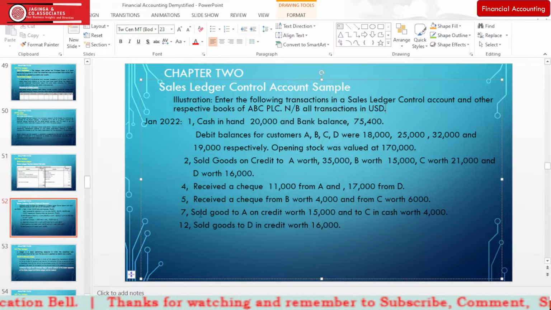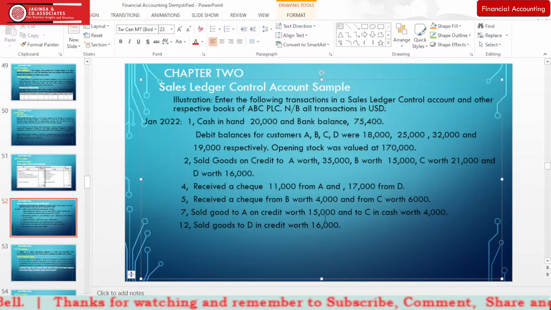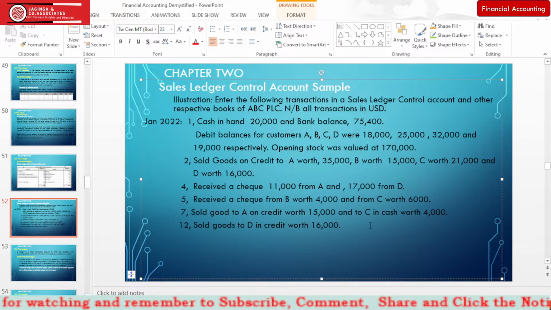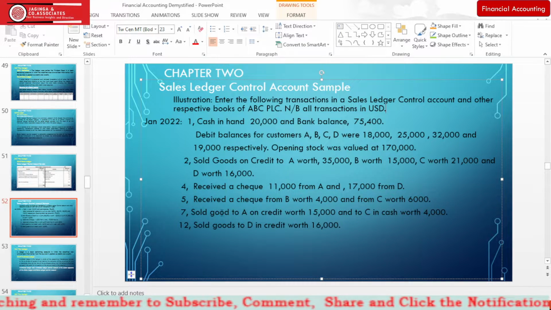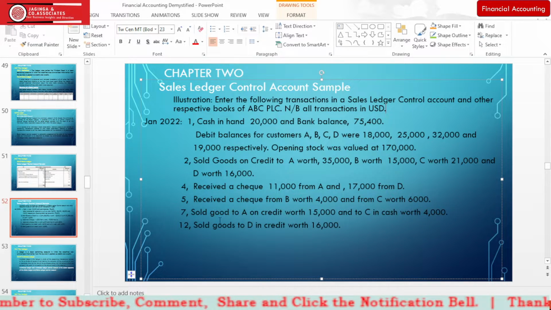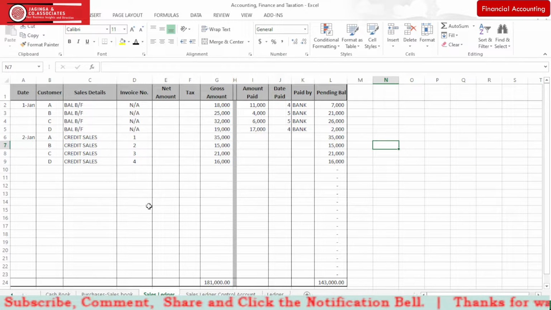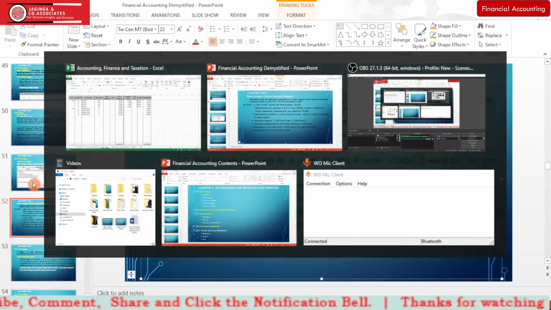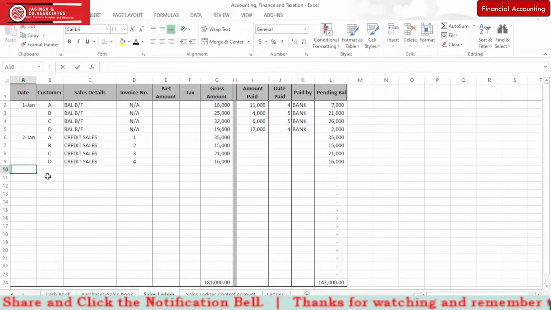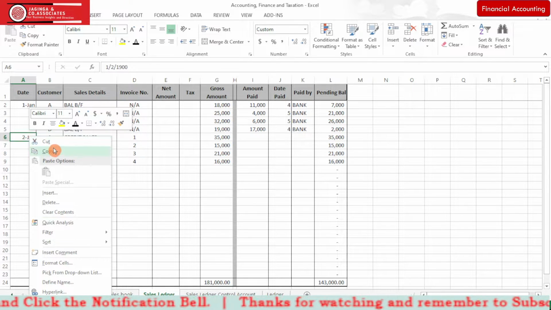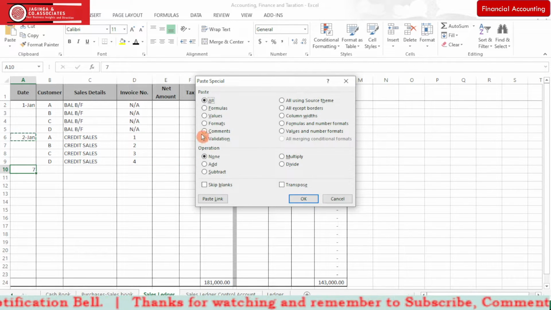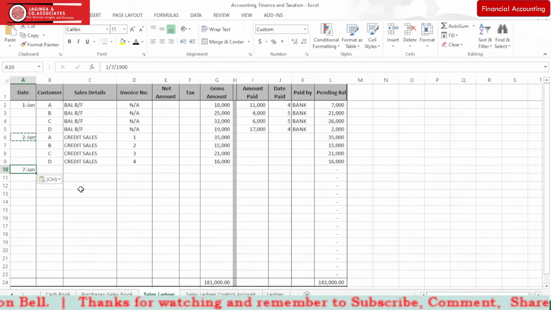And then on 7th, sold goods to A on credit worth 15,000 and to C in cash worth 4,000. So sold goods to A on credit worth 15,000. We come here in our sales ledger. This was on 7th, so here we'll write 7th, and I'll paste special and format.